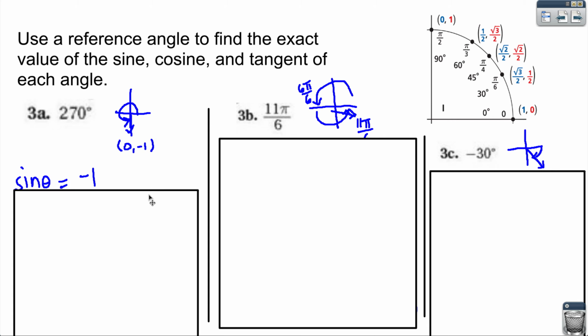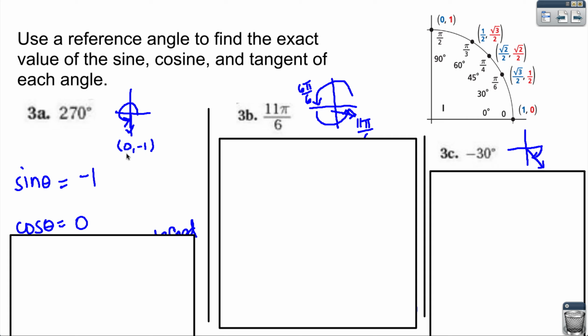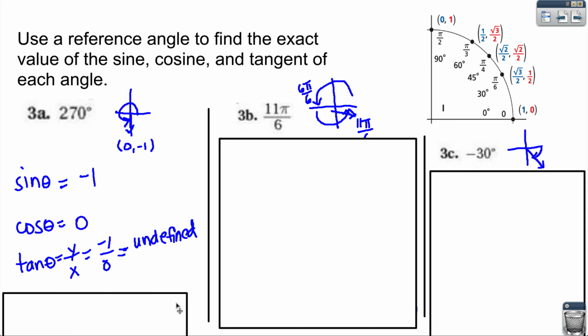According to us, if this is the coordinate point, sine will be -1, the y value, where cosine will be 0, the x value, and for tangent, if you were to divide -1 over 0, okay, you cannot, so we say that value is actually undefined, and that's okay. That is an actual valid answer. So the tangent of 270 degrees is undefined.